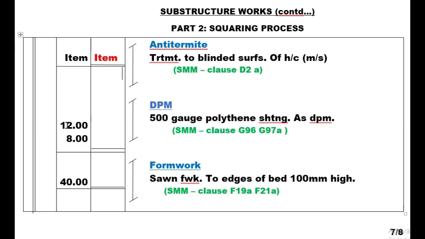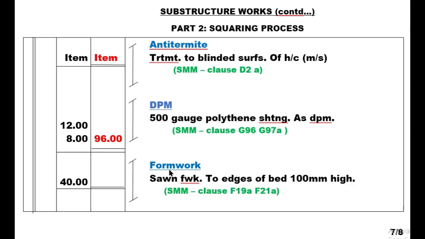Remember, the measurements of our drawing was 12.00 by 8.00, and it is done to the extremes. So if I have to get the area that is supposed to be covered by this damp-proof membrane, I simply multiply these figures. That is going to give me 96.00.